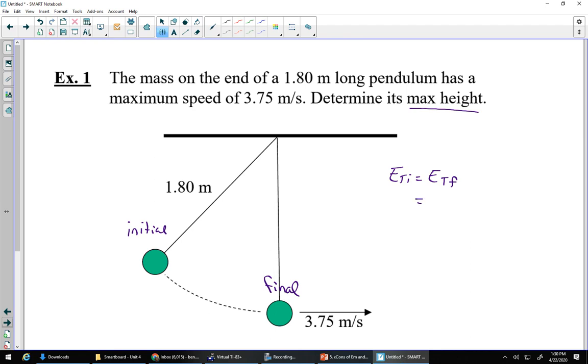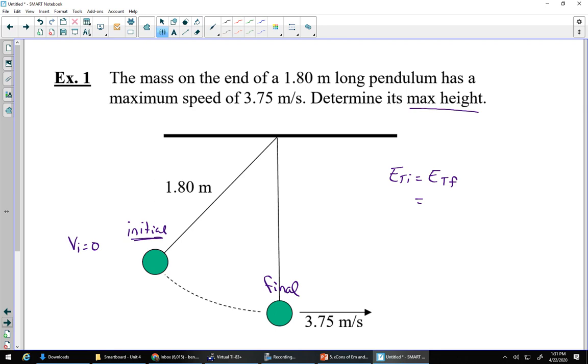So then I think to myself, okay, initially, what's the only type of energy that I have? If it's at its maximum height, does it have any speed? Remember from unit 1, or maybe it was unit 2, we talked about how at the maximum height there is no speed. So vi is equal to 0. Now, if vi is equal to 0, do we have any kinetic energy?